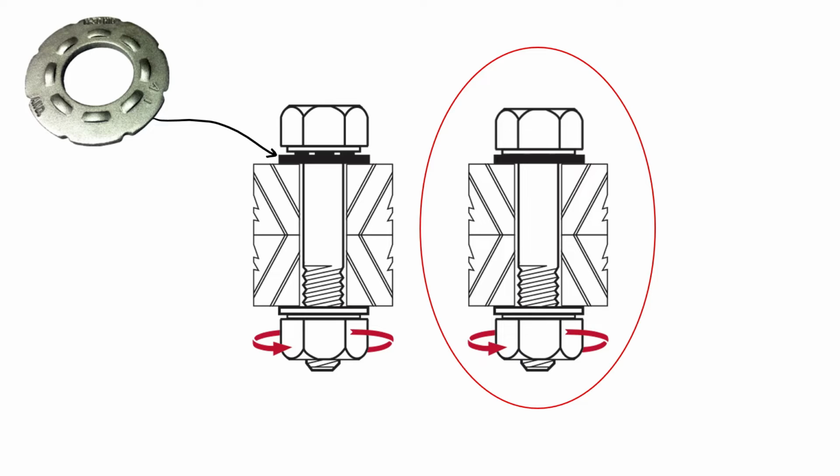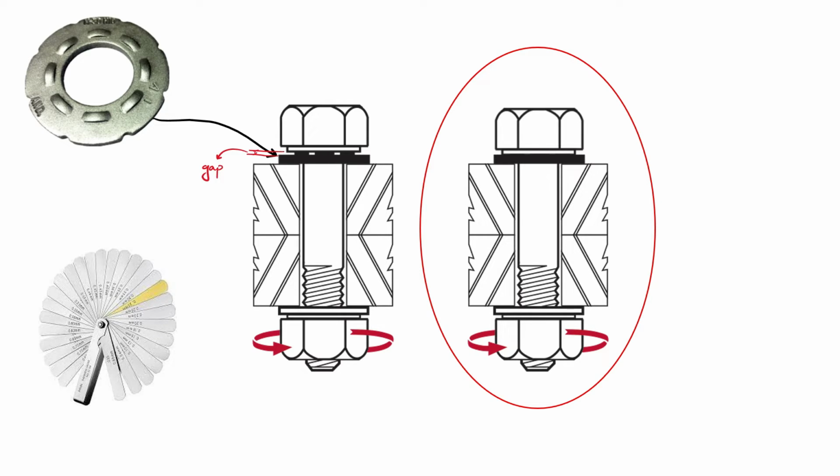The deformation can be determined by measuring the gap between the nut or bolt head and the undeformed part of the washer surface. Inspection of the bolt installation is also simplified when this type of direct tension indicator is used, as only a feeler gauge is required.